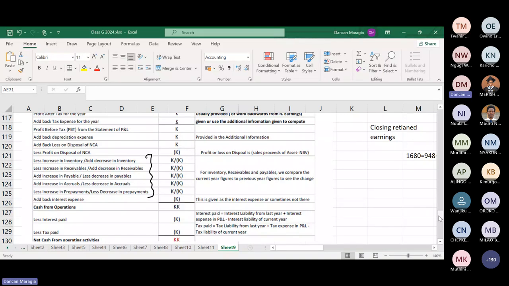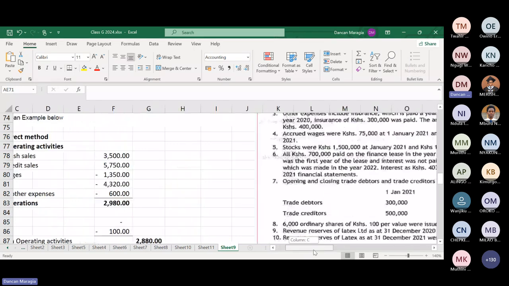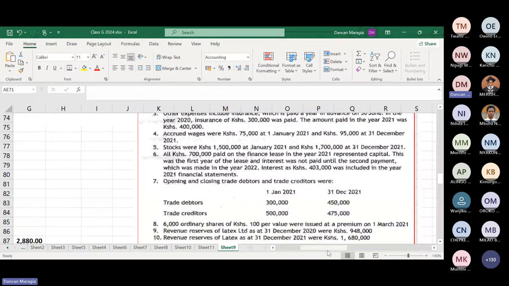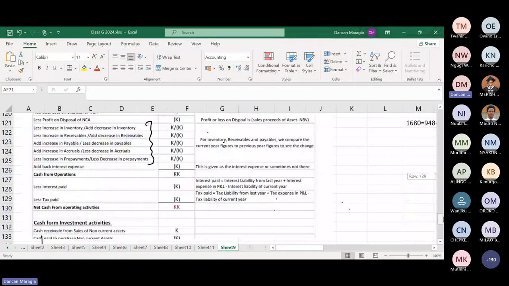So this is where those things of change in receivables will come about. As someone had asked, comparing, for example, closing and opening for 50 and 300, 475 and 500, accrued wages, closing and opening, closing stock, stock at the start, stock at the end. Those are the things that are here. You just compare and bring the change the way I've given there.